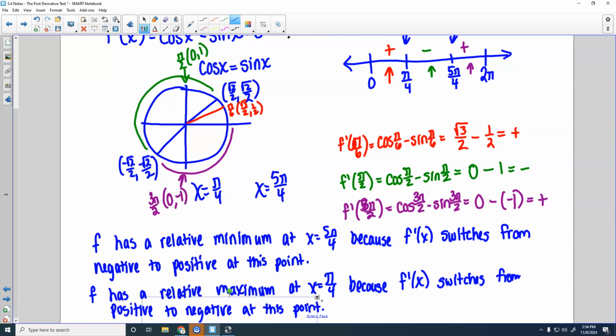But when they're asking you about those extrema, you're finding the places where your derivative changes signs, whereas earlier they were asking about increasing or decreasing or both. So you would say that it's increasing because the derivative is positive, or it's decreasing because the derivative is negative. Whenever we're talking about a maximum or minimum, we have to talk about the change in the sign. So the bulk of the work is the same as what you guys were doing last night. Okay, questions?